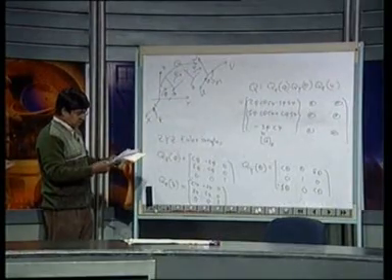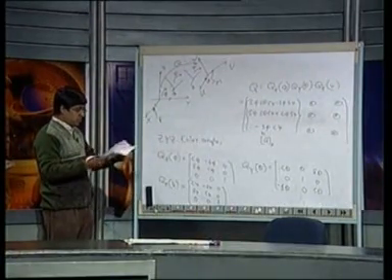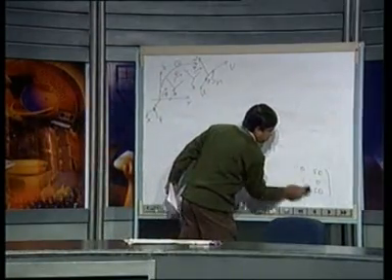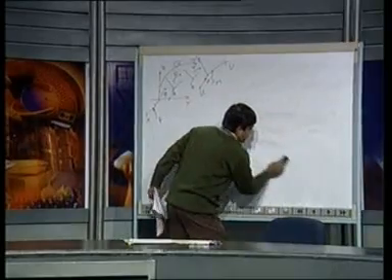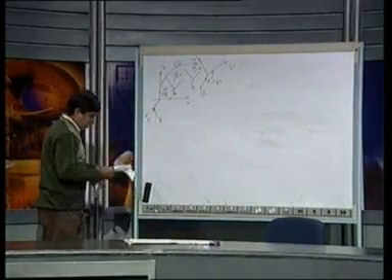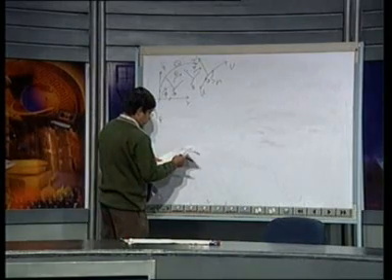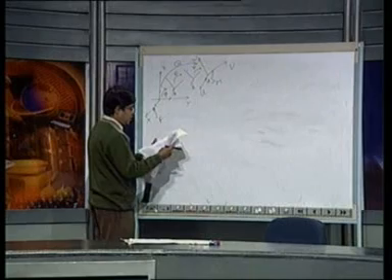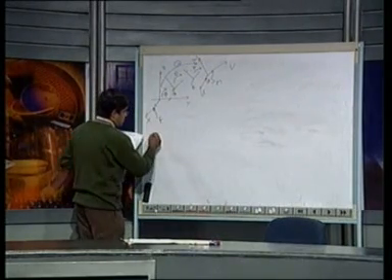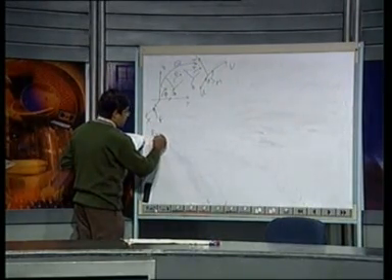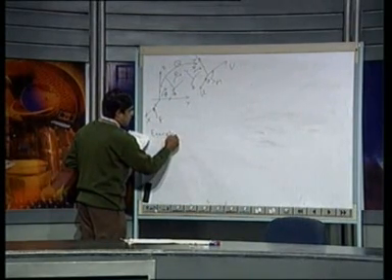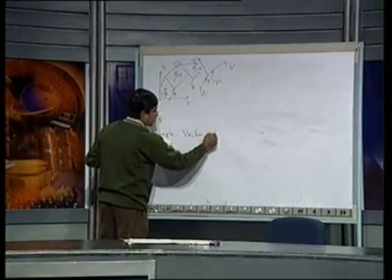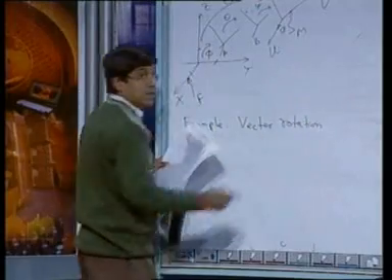Now let us take a simple example to show how these things can be utilized. First I will show the example of vector rotations, which is how the orientation is represented.